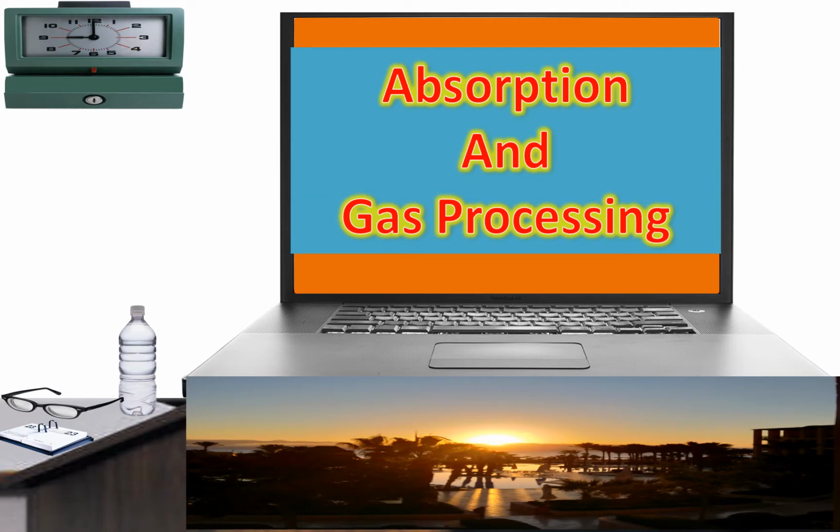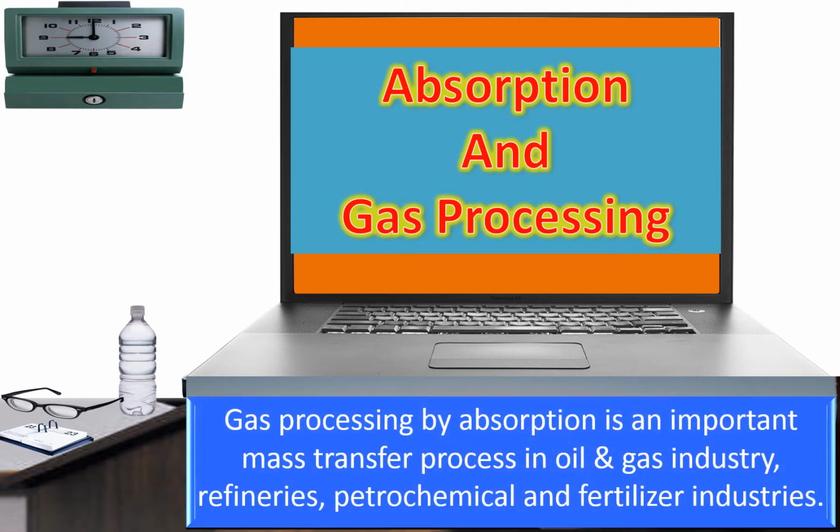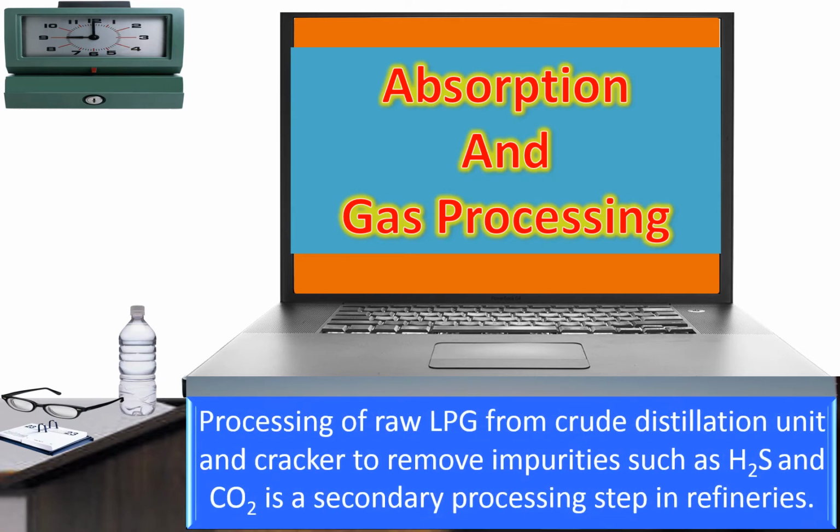Absorption and gas processing. Gas processing by absorption is an important mass transfer process in oil and gas industry, refineries, petrochemical and fertilizer industries. Processing of raw LPG from the crude distillation unit and cracker to remove impurities such as hydrogen sulfide and carbon dioxide is a secondary processing step in refineries.